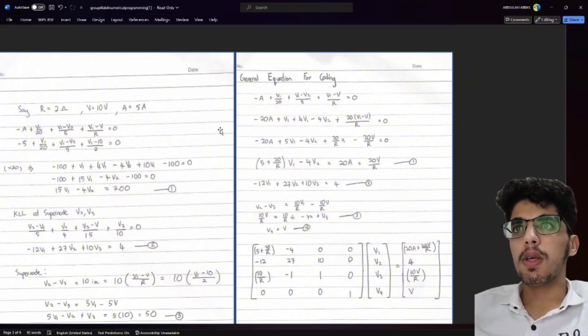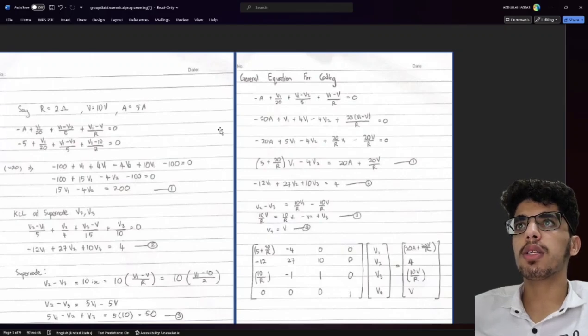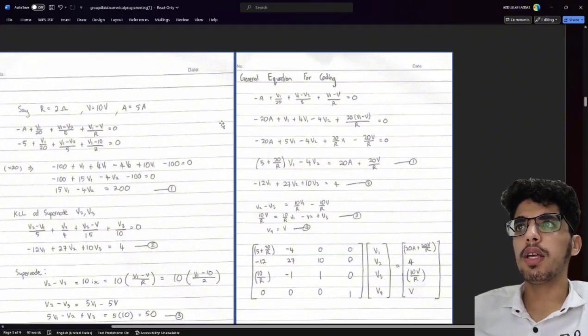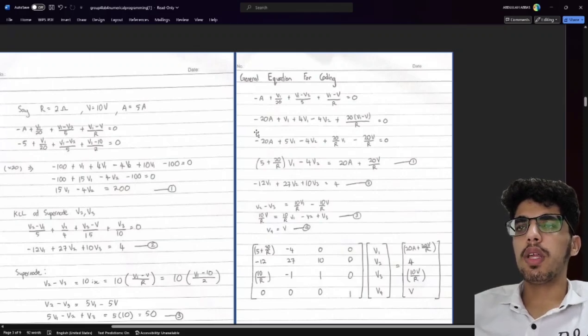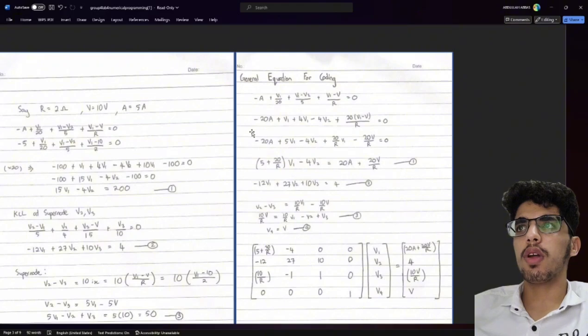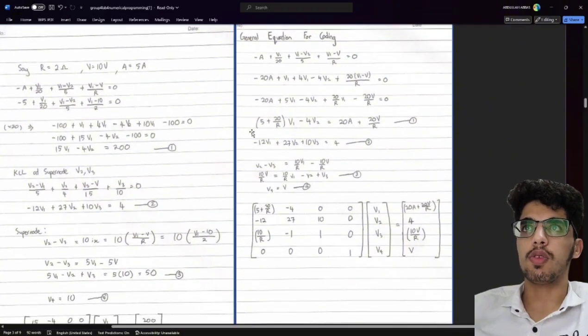Minus 20A plus 5 V1 minus 4 V2 plus 20 over R V1 minus 20 V over R equals 0. 5 plus 20 over R multiplied by V1 minus 4 V2 equal 20A plus 20 V over R. This is equation number 1 for the general equation for coding.